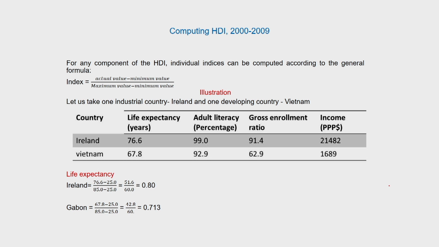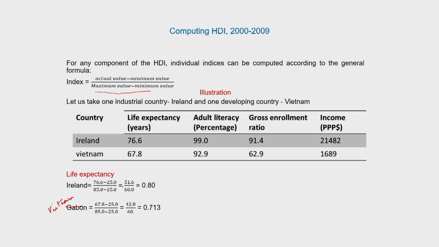So, this is the index. The index is calculated by this formula: actual value minus the minimum value divided by maximum minus minimum. And here Ireland is an advanced country, and this is Vietnam, which is a developing country, and the life expectancy, adult literacy, gross enrollment ratio and income data are given as such.